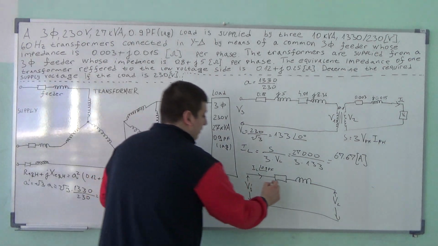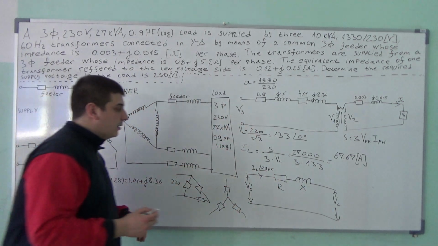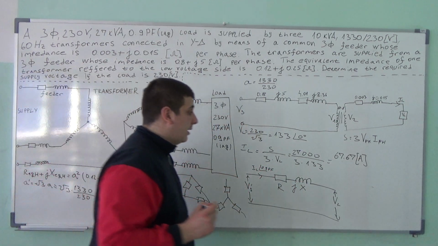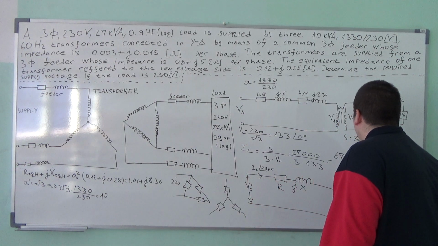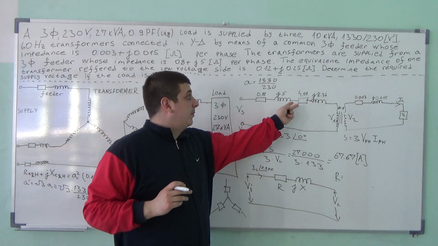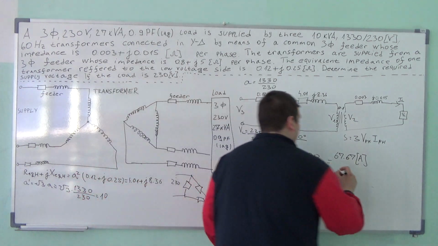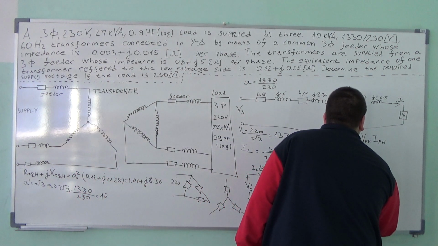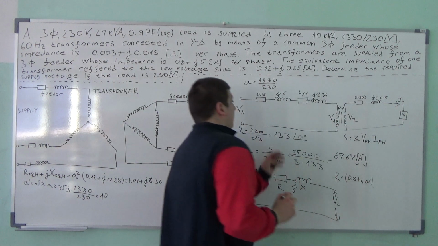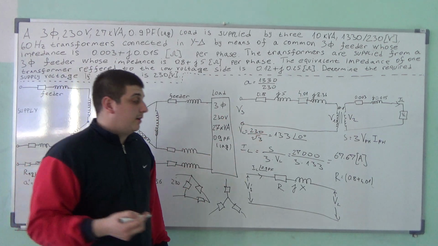This is resistance R and this is X, JX, sorry. R, how do we calculate it? First we are going to add 0.8 plus 4.01 because it is in series. And if you refer it to the low voltage side, we have to divide it by A squared.